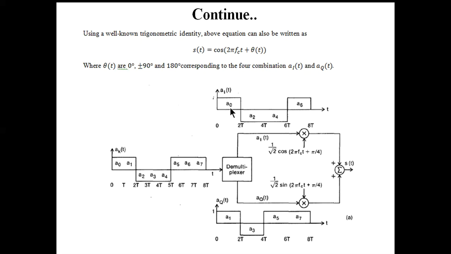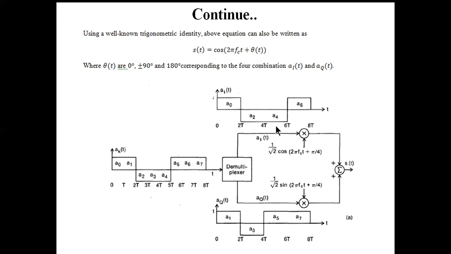So you can see that the first bit, if you consider the even ones, is A0, the next one is A2, then A4, A6. But in case of demultiplexing, the symbol duration will be 2T seconds. For the next 2T seconds, A0 will remain +1, and from 2T to 4T, A2 will be -1.